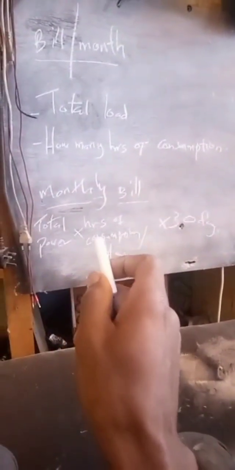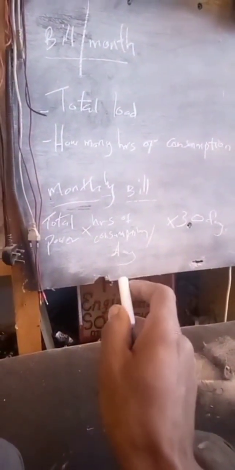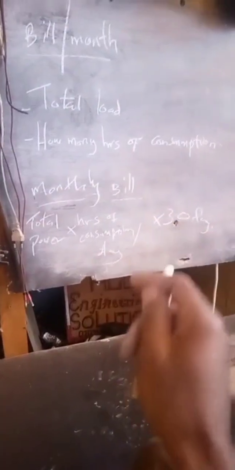So for you to get your total bill, you have to know the total load in your house, the number of hours you are using the load, and then you multiply by 30.